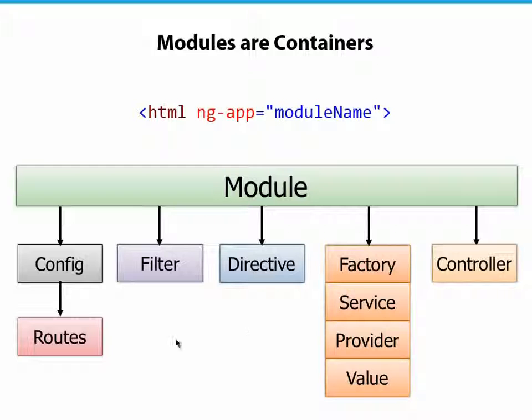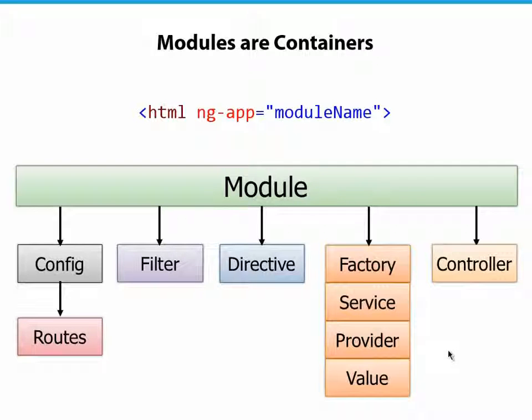and off of the module, you can configure the routes, create custom filters, custom directives. You can get data from different sources using factories, services, providers, or values, and then you can even create controllers using the module. So you can think of a module as really just an object container, and in that container, you can have all these different things that you see here.